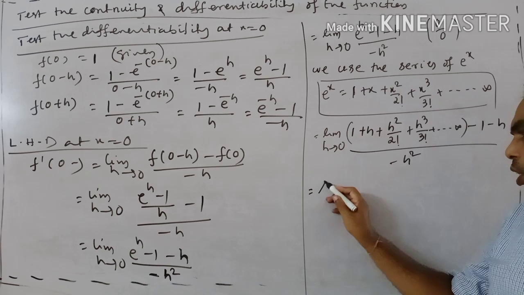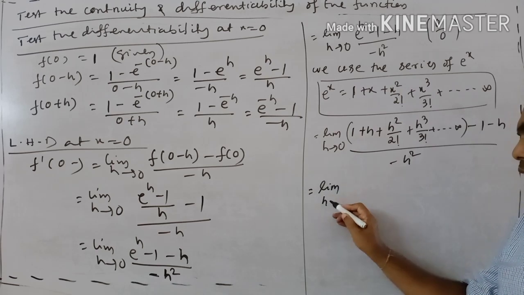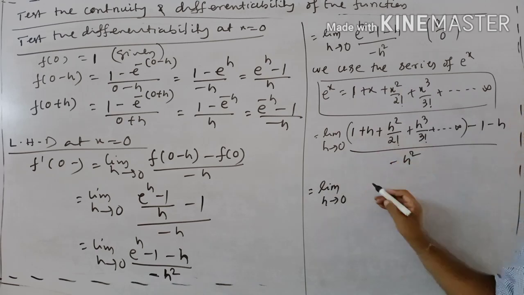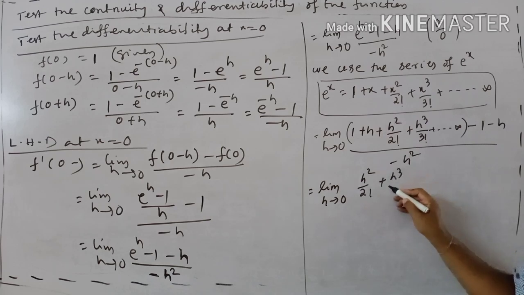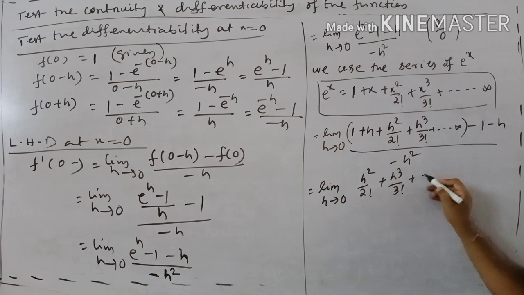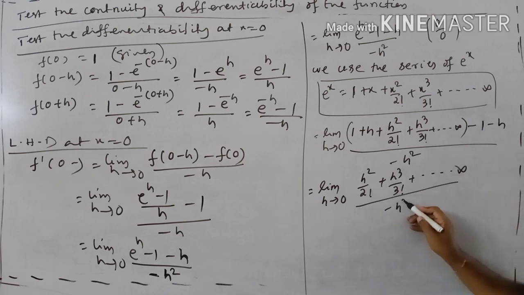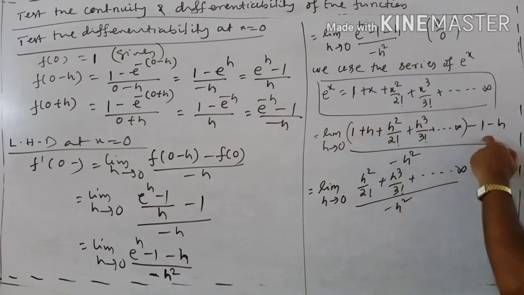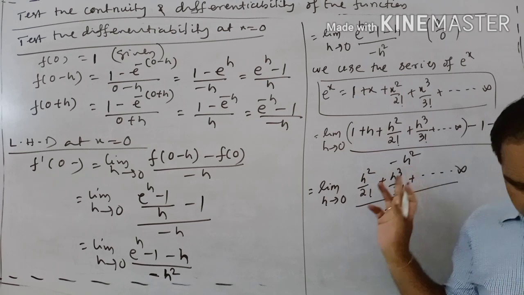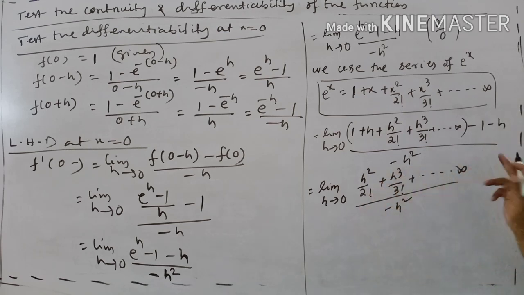So this is equal to limit h tends to 0. This is h square by 2 factorial plus h cube by 3 factorial plus up to infinity divided by minus h square. 1 cancels with 1, h cancels with h. Now there is a common h square from the numerator.